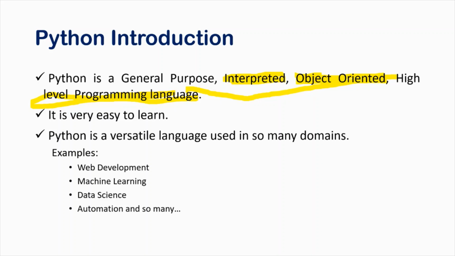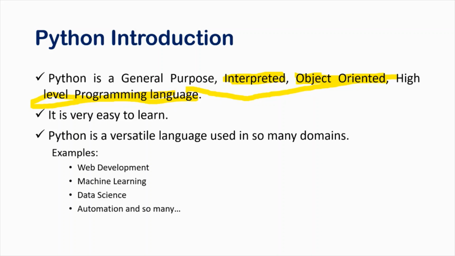It's portable. What do you mean by portable? Portable means code written on one platform will work on another platform, wherever we have the Python interpreter installed. We need a compiler or interpreter for the translation. That is called a high level programming language.